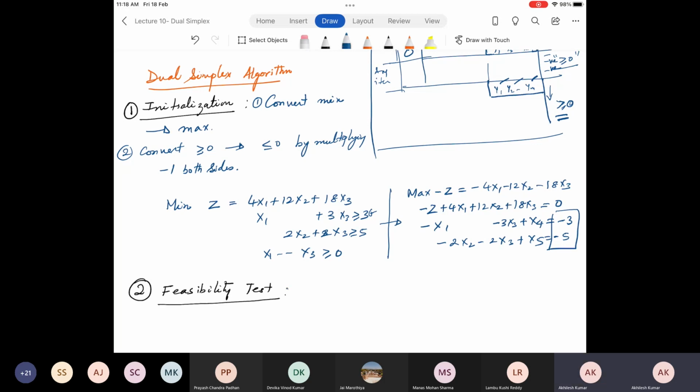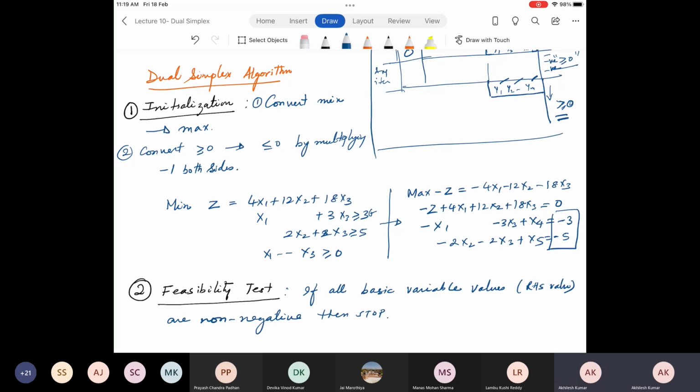The feasibility test says if all basic variable values, that means RHS values, are non-negative, then stop.